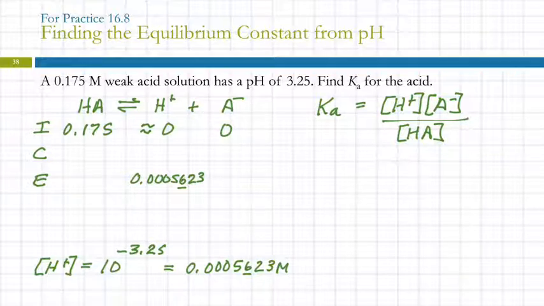From that piece of information, I can find numerical values for the others. When this ionizes, I'm going to get equal amounts of H plus and A minus, right? So our change here is that this increased by 0.0005623. This also is increasing by 0.0005623.